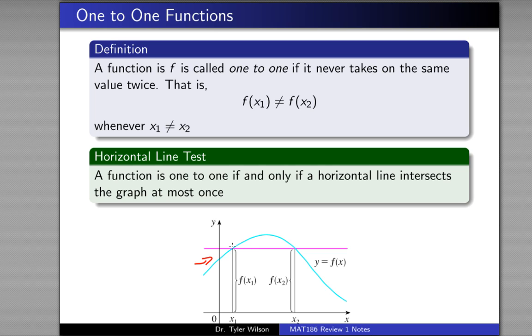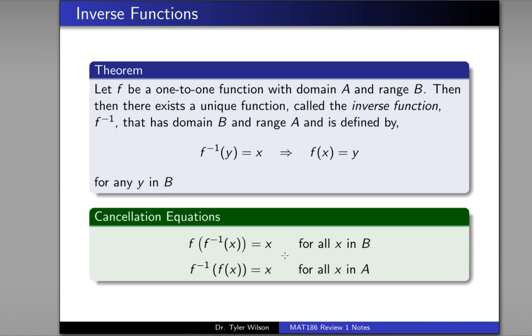If we draw any horizontal line and that line crosses the function in more than one place, for example here it crosses the function in two places, this is not one-to-one. Anytime you can draw a horizontal line through any function and it crosses the function in two places, you say that it's not one-to-one. This is how we generally check one-to-one functions.